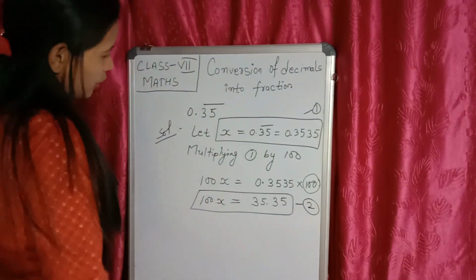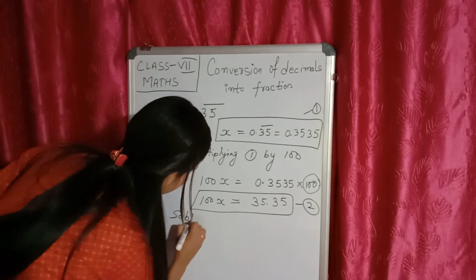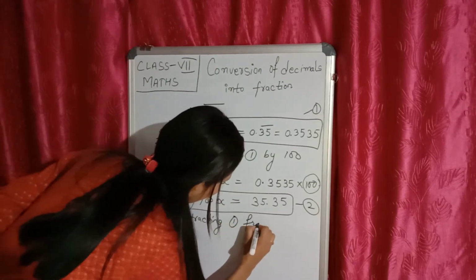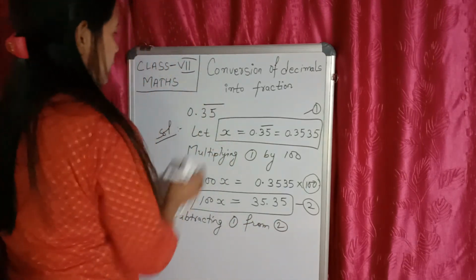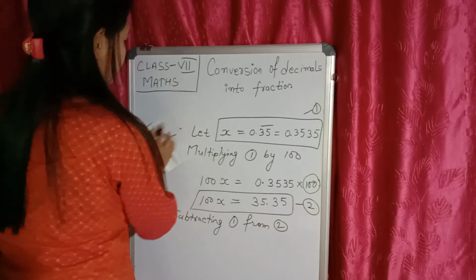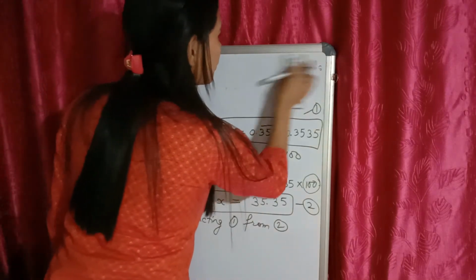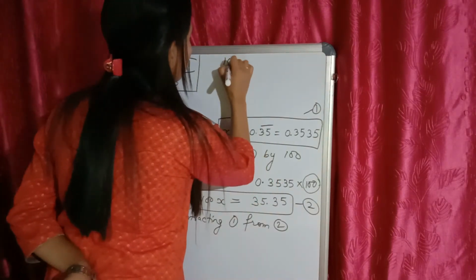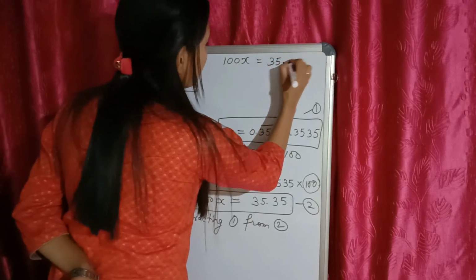As we were doing earlier, subtracting equation 1 from equation 2. I'll erase this because I need some space. So equation 2 is 100x equals 35.35.